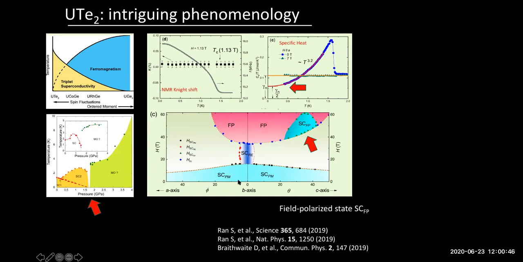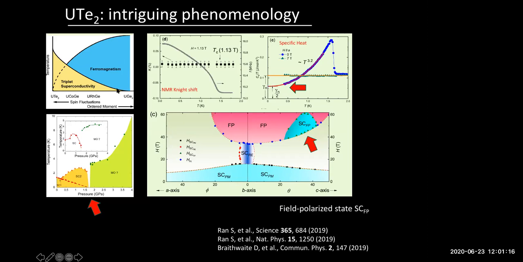Whereas in a magnetic field, at very high magnetic fields, more than 40 Tesla, you see the emergence of superconductivity once again. So they call this a field polarized superconducting state. The specific heat is also interesting. It shows a pretty large jump at Tc, but at zero temperature, it shows this huge residual specific heat. It almost looks like it's half the normal state specific heat value.